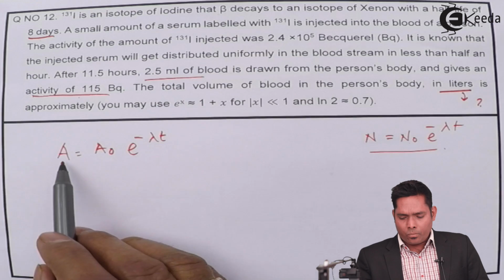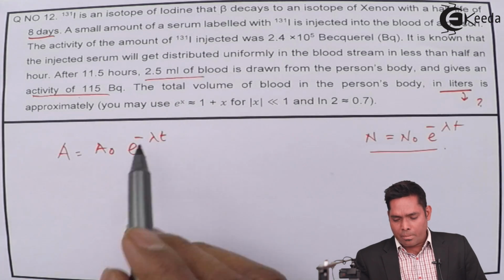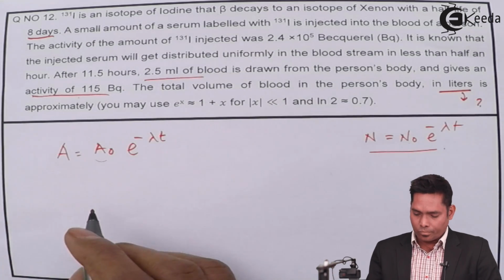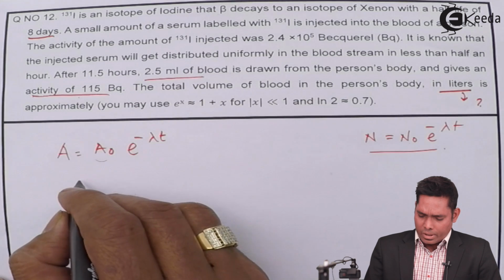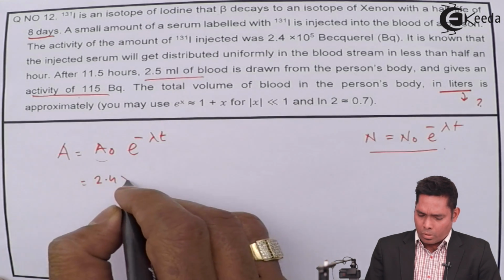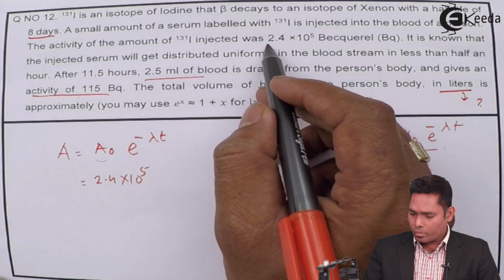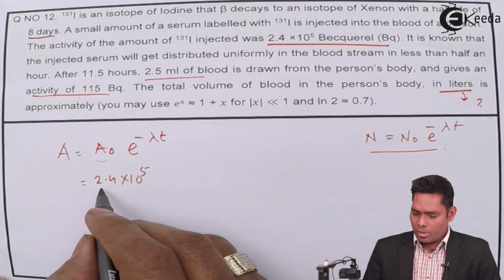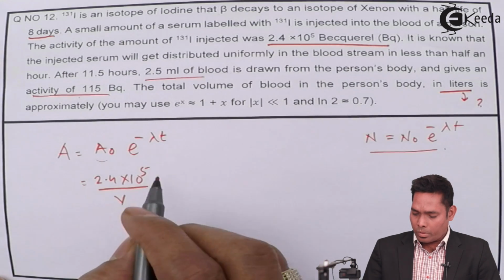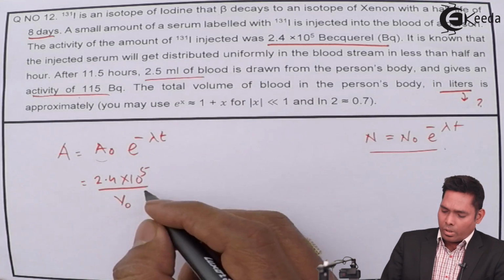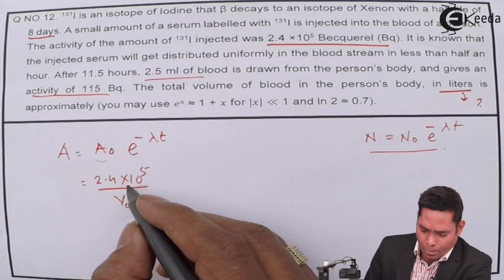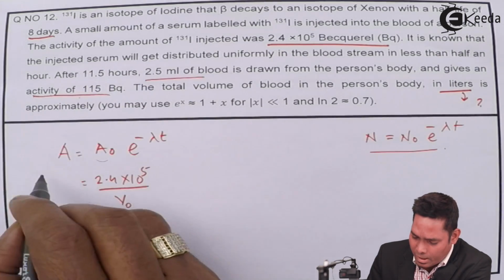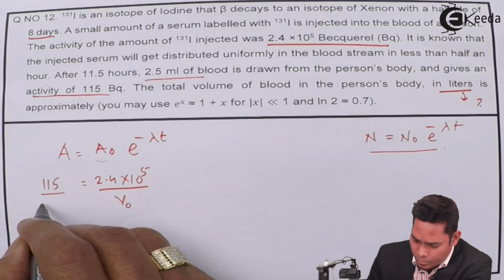The original activity was 2.4 × 10⁵ becquerel, injected in volume V naught. This is the initial activity per volume, and finally it was 115 becquerel in a volume of 2.5.